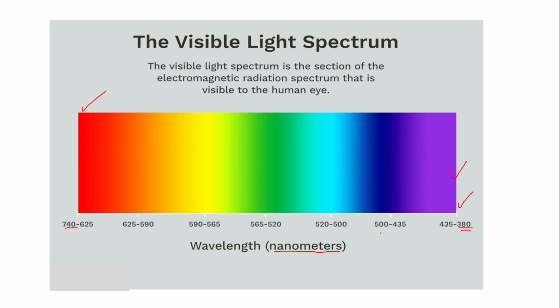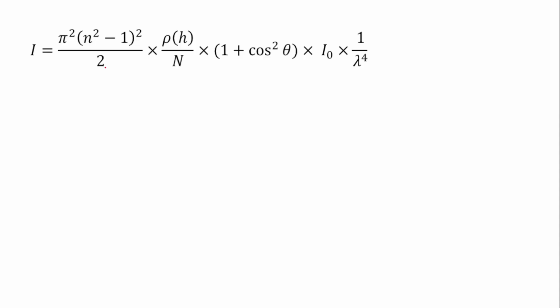In order to understand that, I first want to share the generalized form of the Rayleigh scattering. And the Rayleigh scattering formula that describes the blue color of wavelength is this one. So I have factorized this formula into different terms: this term, this term, this term, this term, and this term.